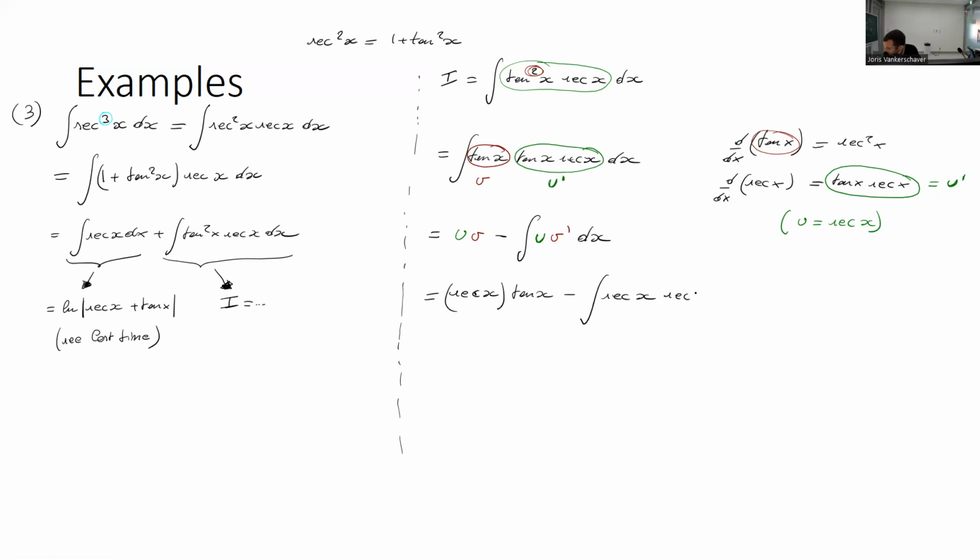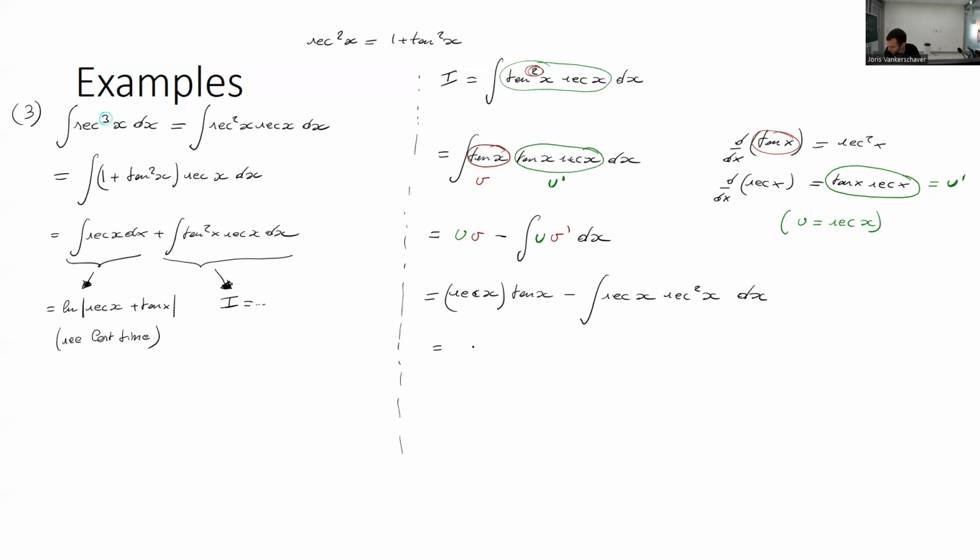It is secant squared x dx. So now let's write that a little bit more cleanly as secant x tan x minus the integral of secant to the power 3 x dx.